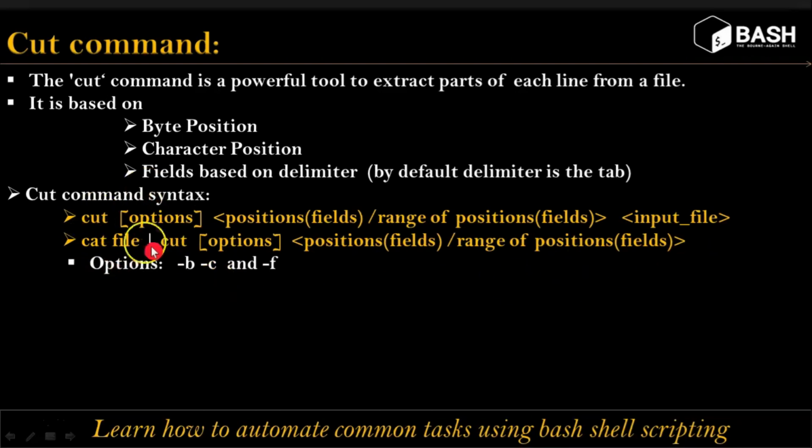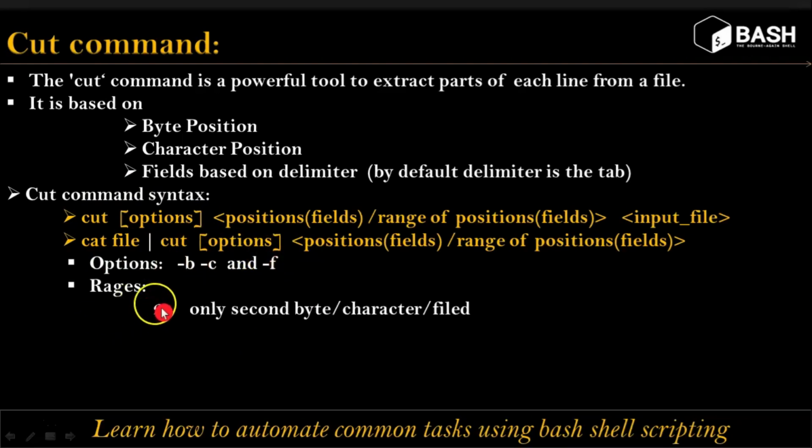Now here we have options for your cut command as -b, -c and -f. Please concentrate on -c and -f. And the mostly used one is -f. Then ranges: suppose I give only 2 for -b or -c or -f. For -b or -c, 2 means second byte or second character.